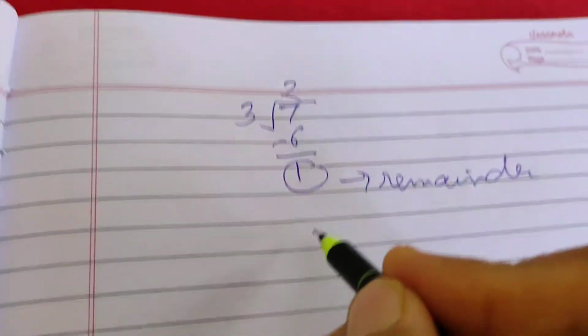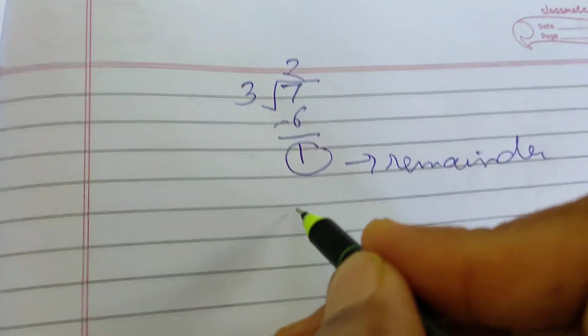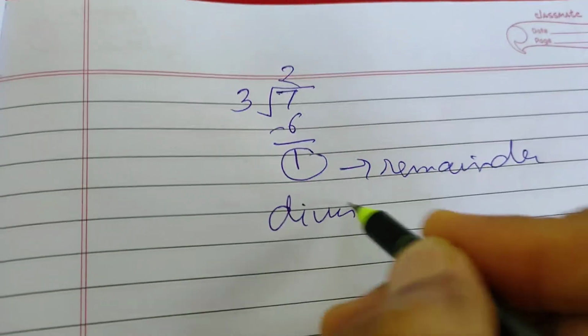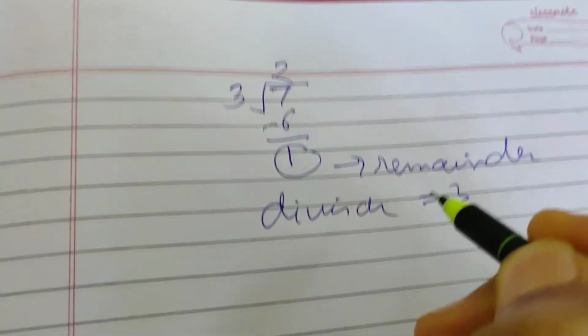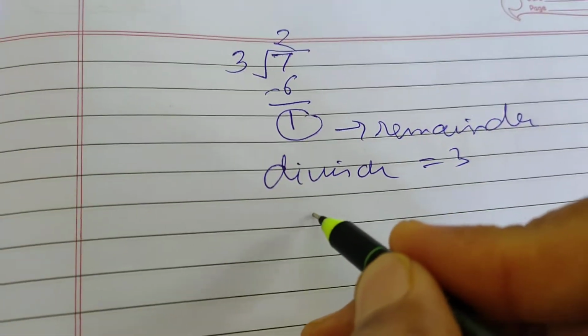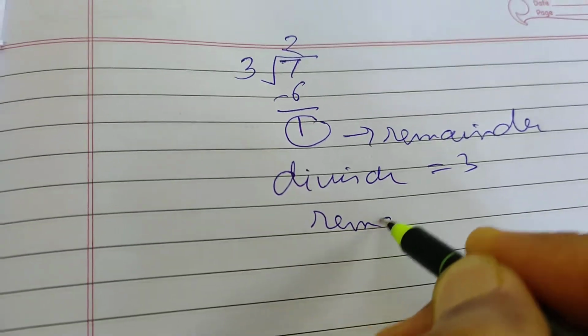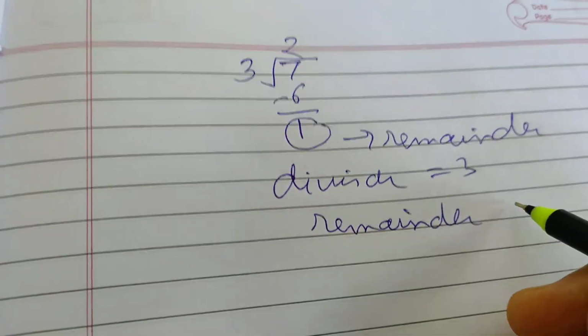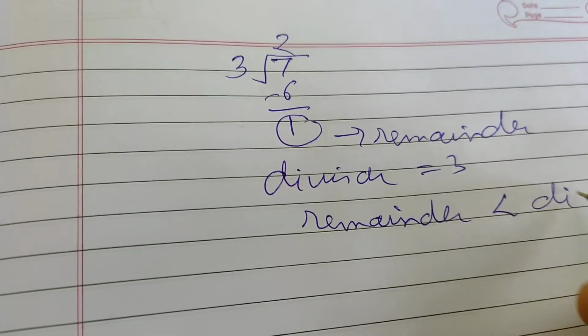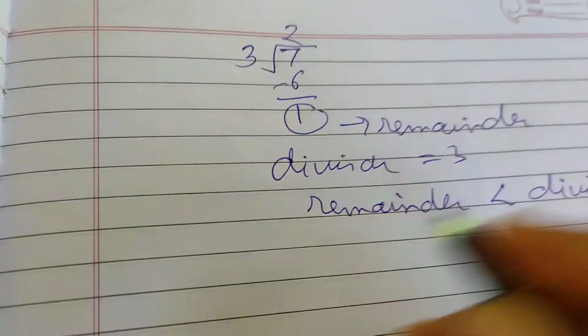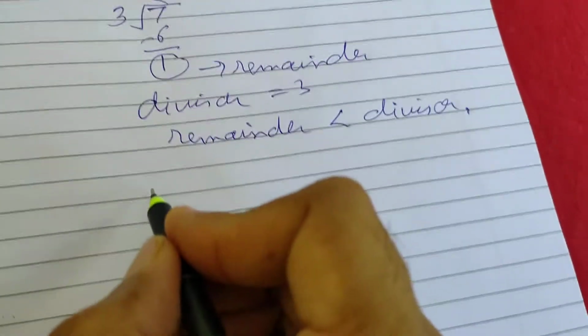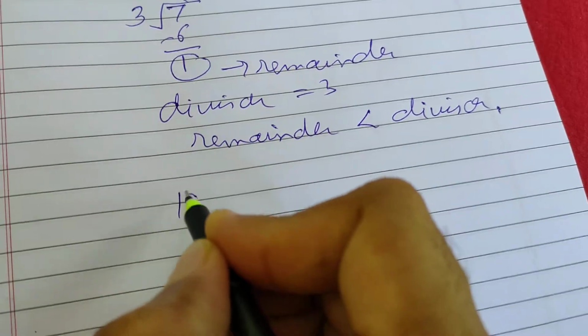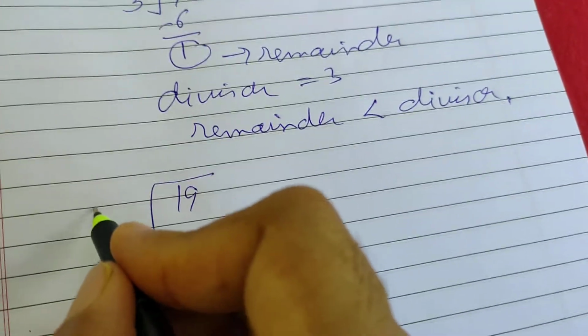And we can see that the divisor is 3. So the remainder is less than the divisor. Similarly, let us take another example. Suppose let us divide 19 by 15.